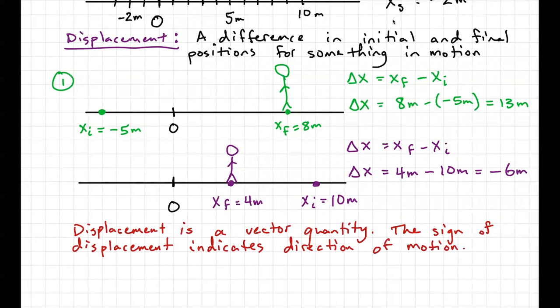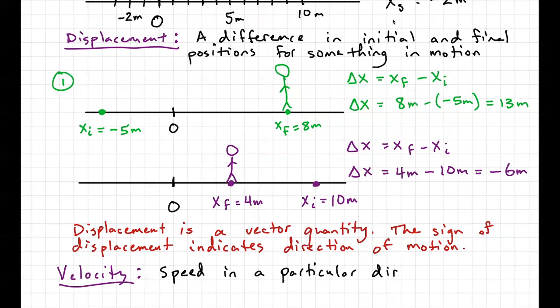Okay, so let's take a look at velocity. So, all right, velocity. What is velocity? So velocity is also going to be a vector, which we'll talk about in a sec. And velocity is a vector that tells you the speed in a particular direction.